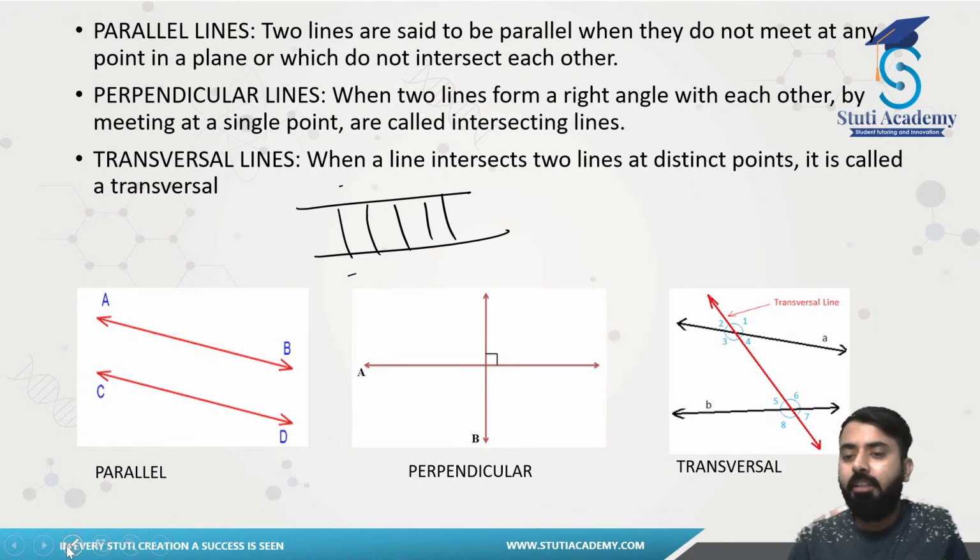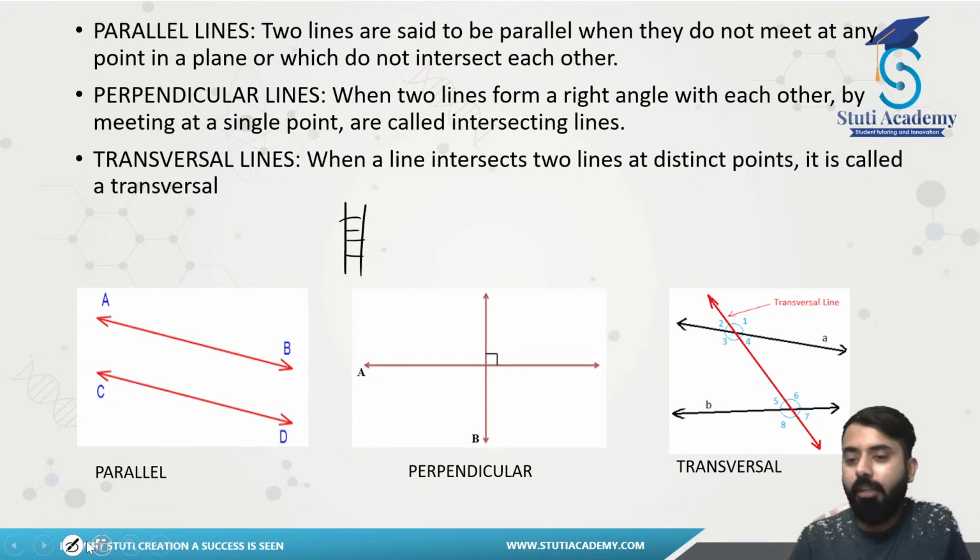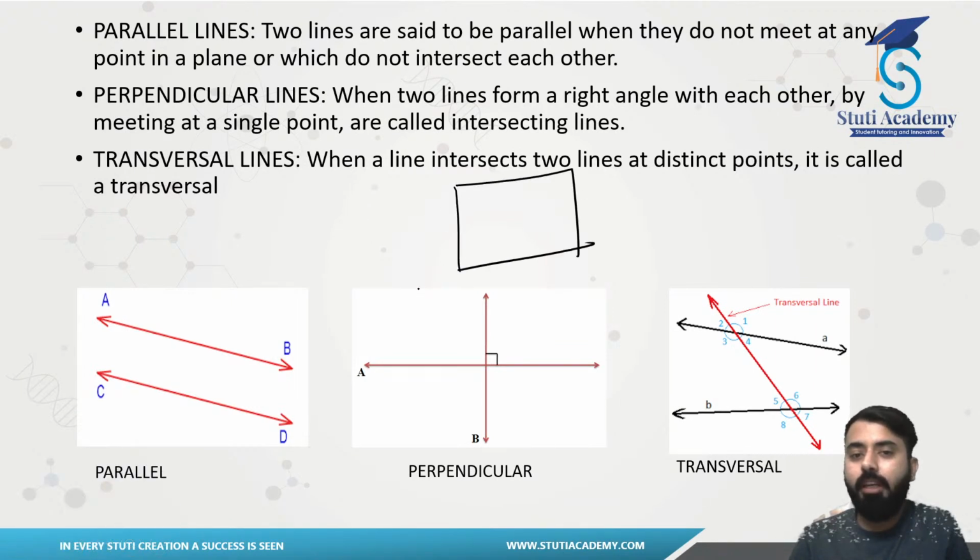You see the dividers between the roads, they are mostly of equal lengths. If we are moving on the highway, they are of equal lengths, right? The medians inside the roads are also parallel. So there are various things that can be deduced as parallel. If I just draw a figure right here, let's say a square ABCD, you see whatever the distance is here, that is the same as here.